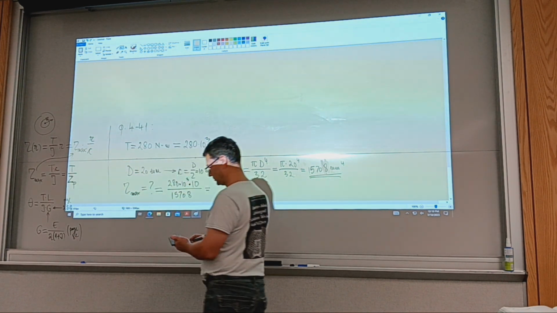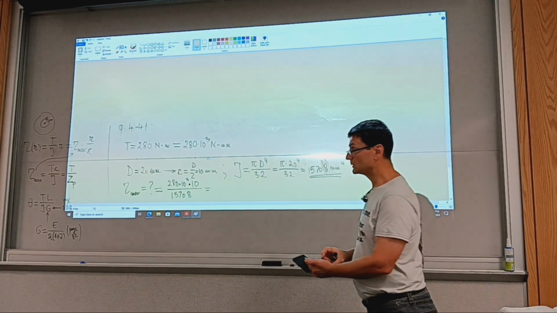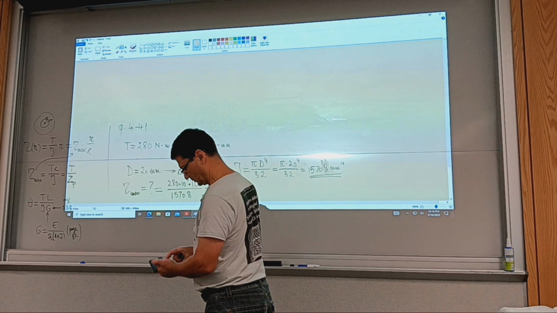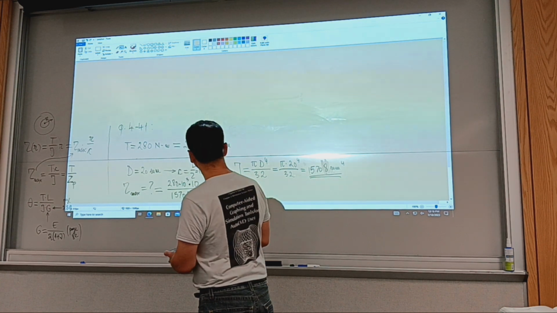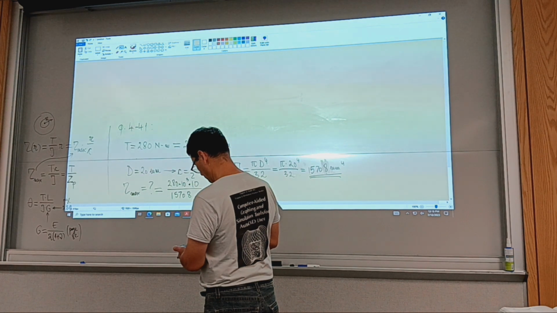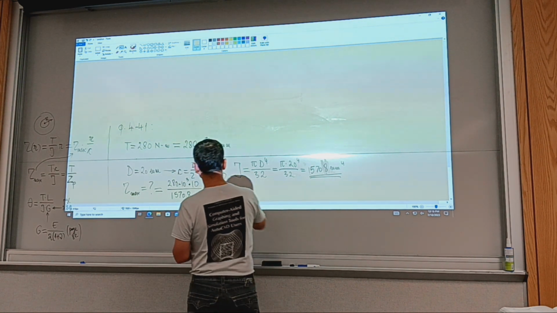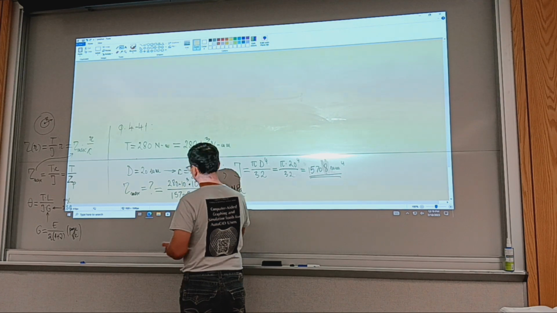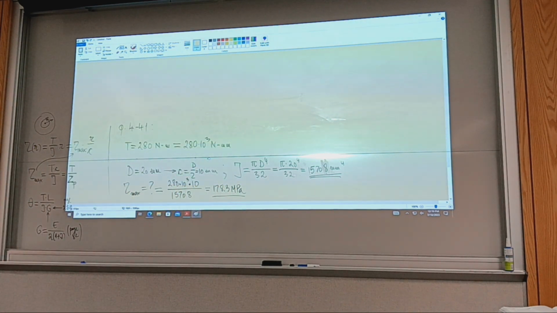For the multiplication, I take 1 inverse, shift inverse, and then times 280 exponent 3 times 10, equals, and this is 178.3 megapascals.